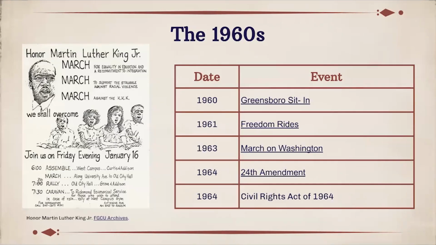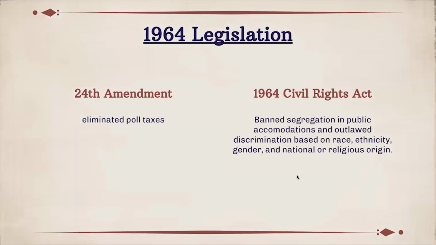So in 1964, we have two pieces of legislation that are passed: the 24th Amendment and the Civil Rights Act of 1964. The 24th Amendment essentially eliminates poll taxes and makes them not just illegal, but unconstitutional. And the Civil Rights Act of 1964 is considered by some to be the most important piece of civil rights legislation in American history.